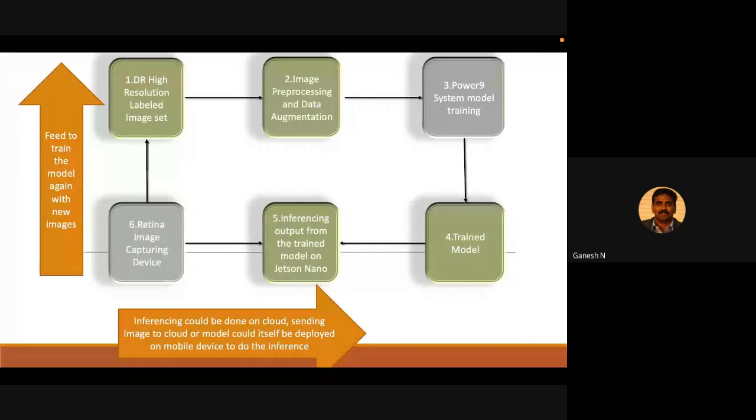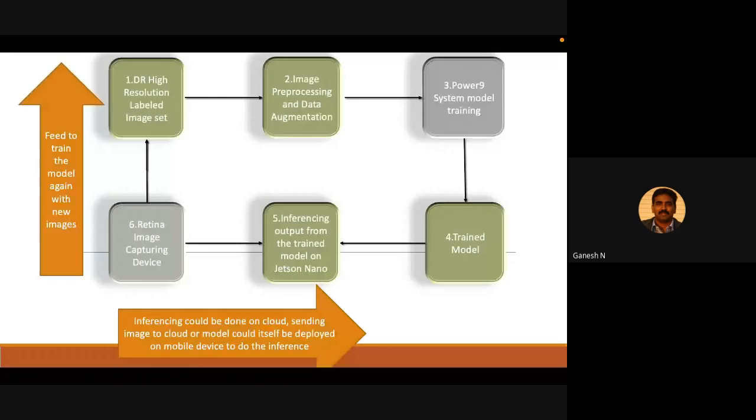And then we are training the images with the deep learning model which we developed internally. The training takes time, depending on the number of CPUs, number of GPUs, but also the amount of data.